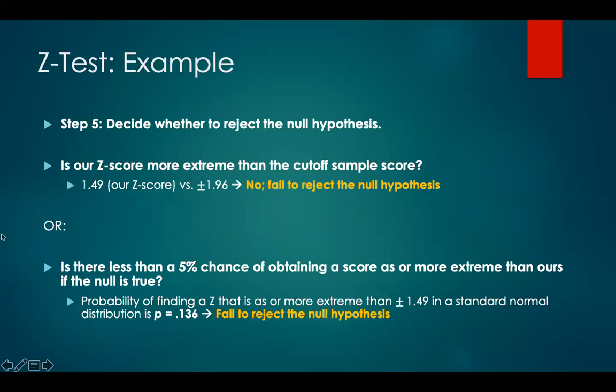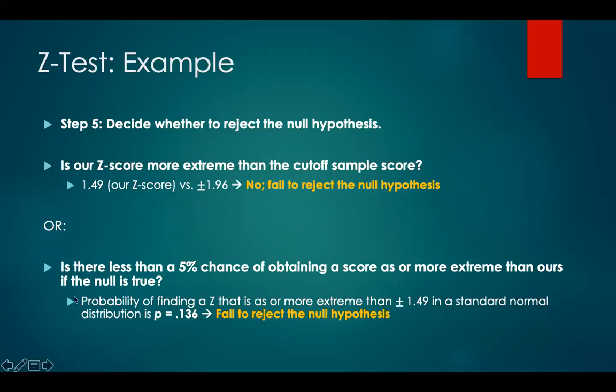Now, step 5 is to simply decide whether to reject the null hypothesis. Is our z-score more extreme than the cutoff sample score? Well, let's see. Our z-score is 1.49 versus our cutoff of 1.96. No. So we fail to reject the null hypothesis here. In other words, is there less than a 5% chance of obtaining a score as or more extreme than ours if the null is true?